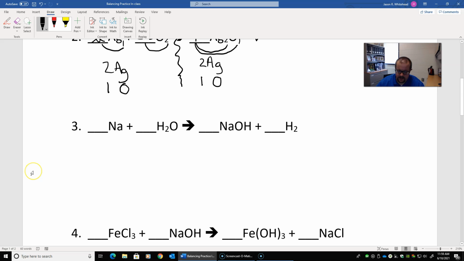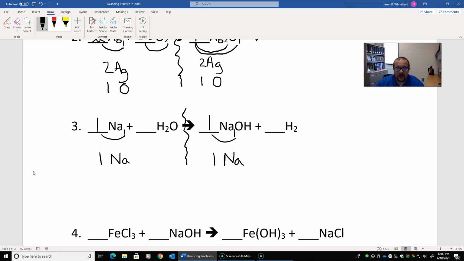Number 3, let's start out in balancing our sodiums. It only shows up in 2 places, and even though it's already balanced, let's start with it. 1 sodium, because I have a 1 here, gives me 1 sodium on the left. If I put a 1 here, that also gives me 1 sodium on the right.